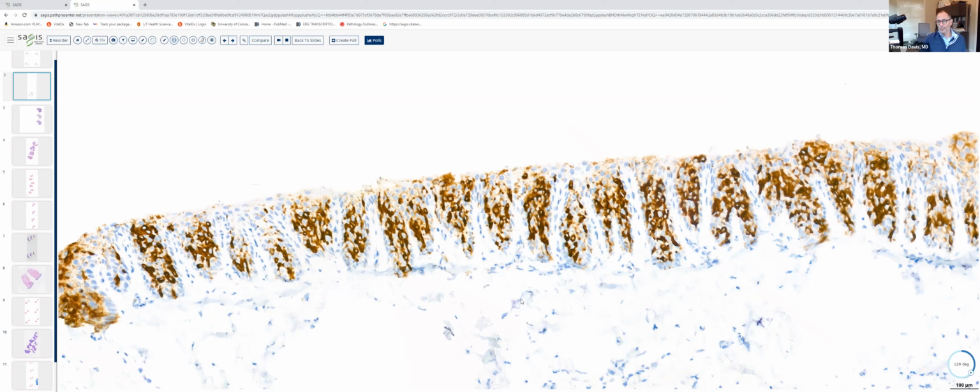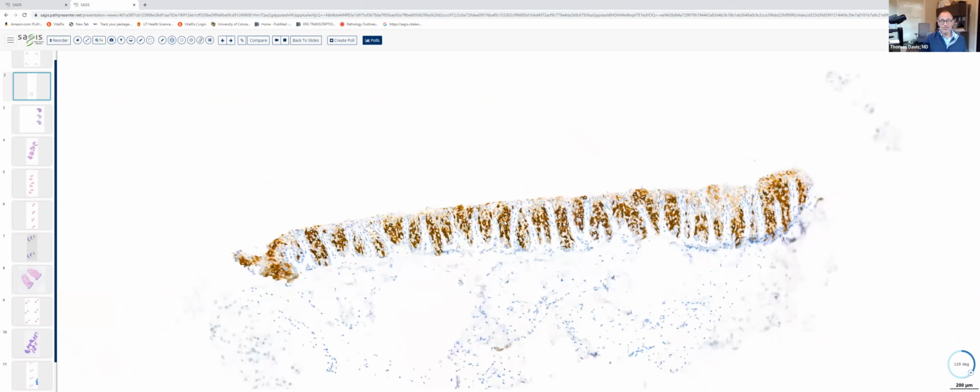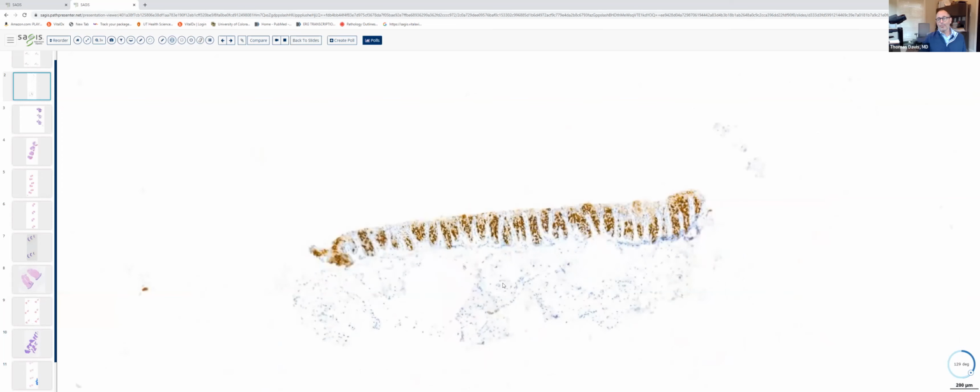I'm sure many of you don't see many nail biopsies, so just really nicely taken. The problem with these biopsies, of course, is that they're difficult, and oftentimes the tissue is fragmented or squeezed, or if the nail plate happens to be removed, a lot of the matrix will adhere to the nail plate. So again, a very, very nice biopsy.